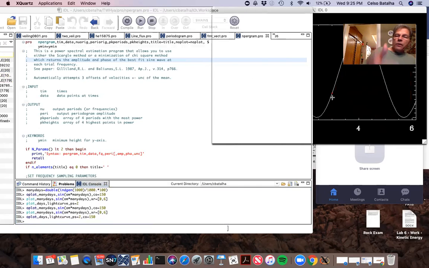So what you have in TW Hydra are those scattered points, but we can't see the period. So we have to submit these points to a routine that can do a search in frequency. What these routines usually do is a Fourier transform, and they find the peak in the transform function.